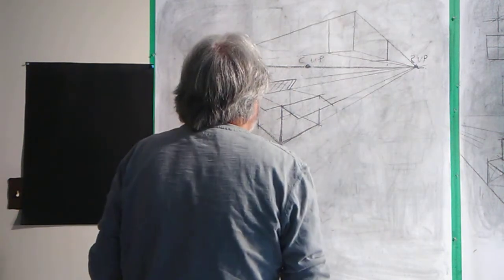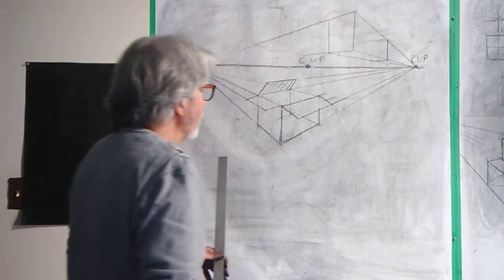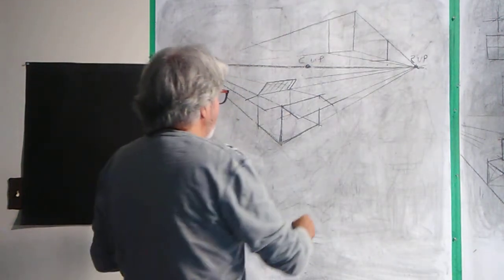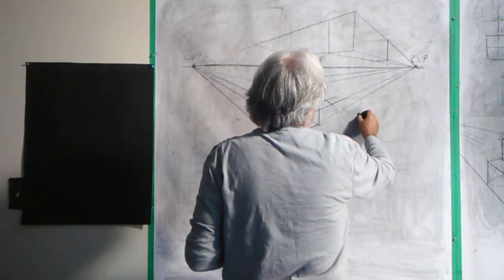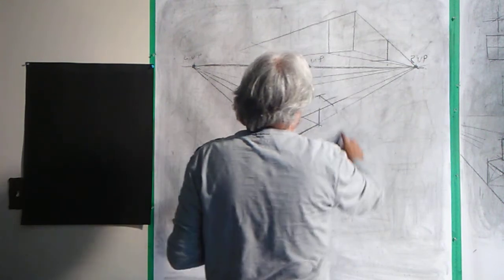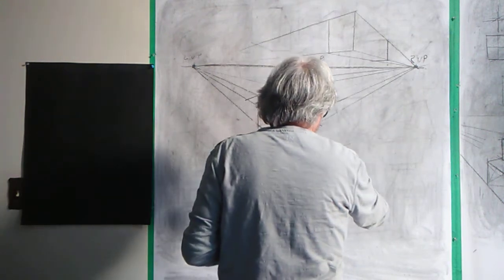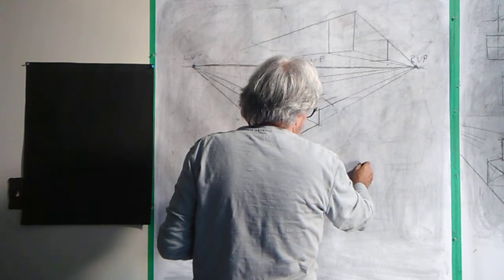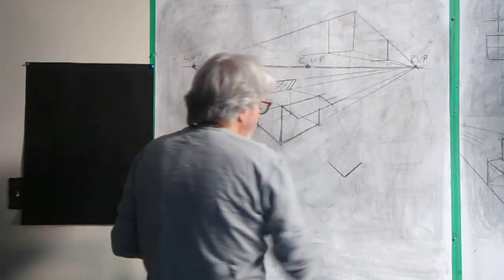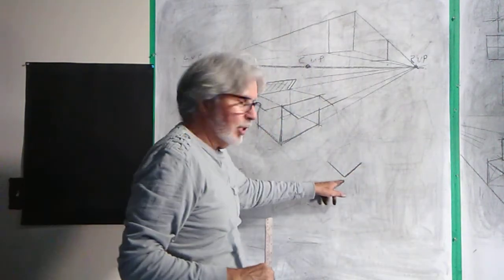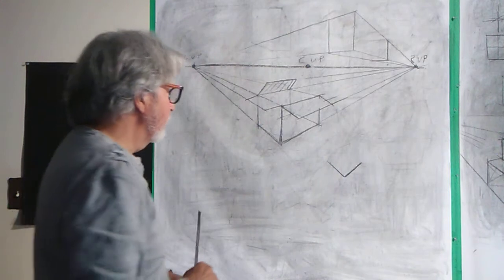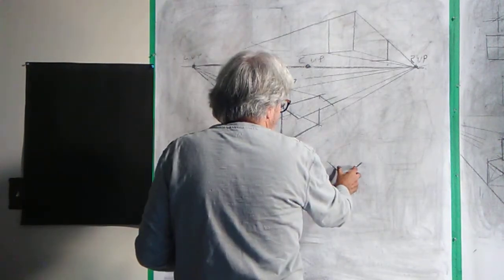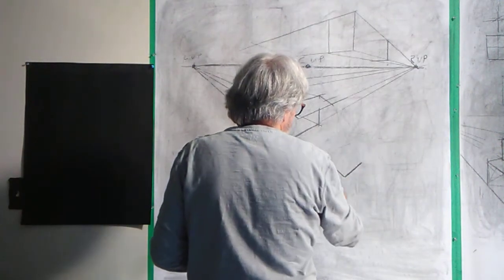Now, what's going to happen with edges of things. If you have a corner that becomes low, what happens is this edge of your box is going to become what we call very acute. Okay, so acute means these two are very tight, the angles are very strong.